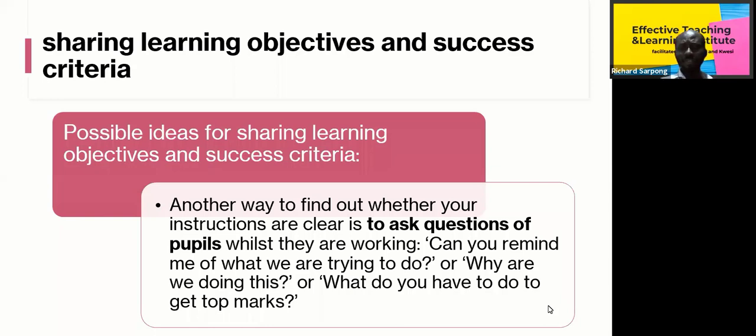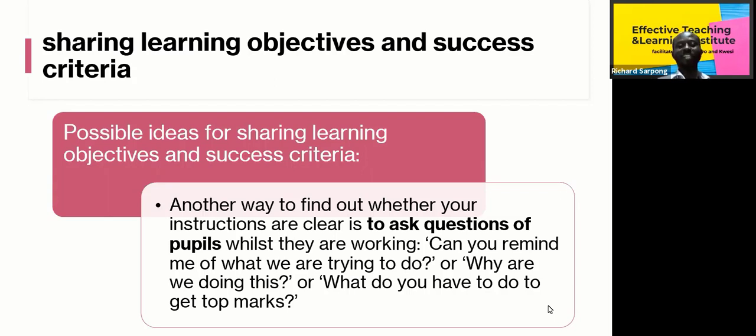You can use questions like: can you remind me of what we are trying to do? Or why are we doing this? What do you have to do to get top marks? That is the success criteria.